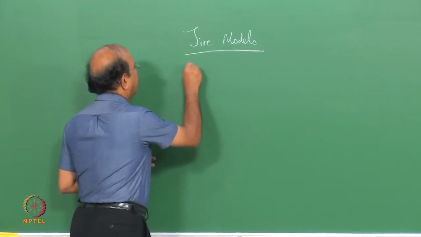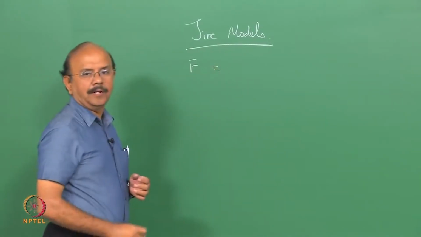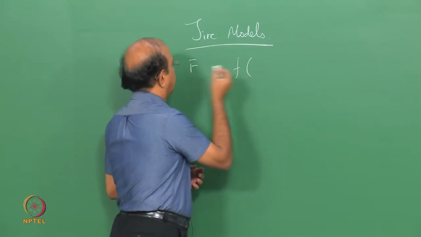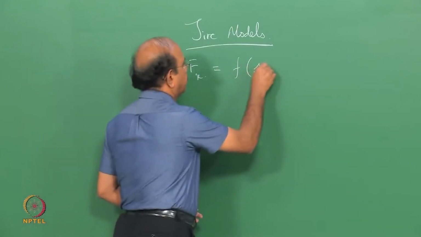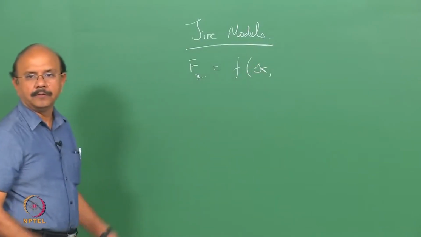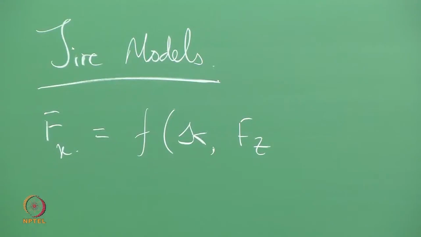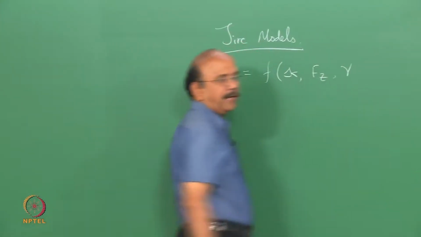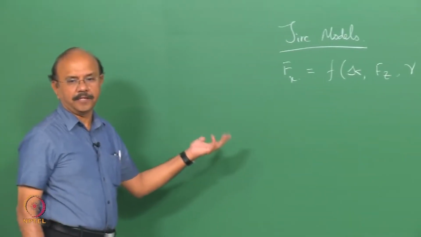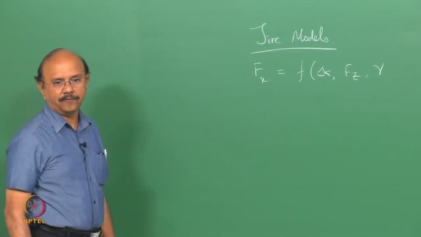For example, if I write F, it can be Fx, Fy, Fz, whatever it is, as a function of, say, let's say that it's longitudinal force Fx as a function of kappa or sigma, my slip, then it can be the normal force Fz, which is acting, right? So that camber angle, if it has an effect, for example, in Fy it has an effect. So if it's Fy, camber angle will have an effect, and so on.